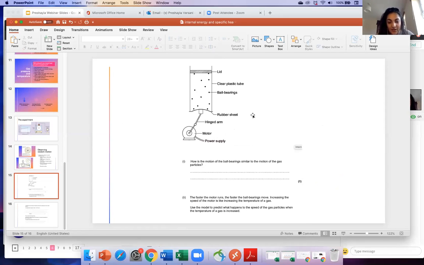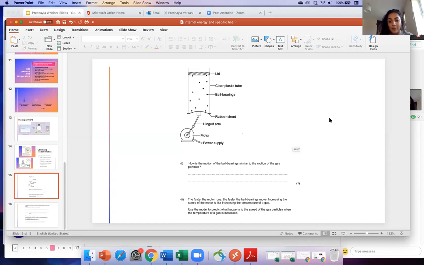The teacher put some ball bearings in a container, and they had a motor which made the ball bearings move. The first part of the question says, how is the motion of the ball bearings similar to the motion of the gas particles? Well, the thing that is similar about both of them is that it is random.